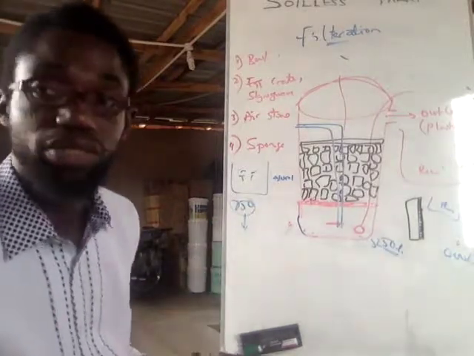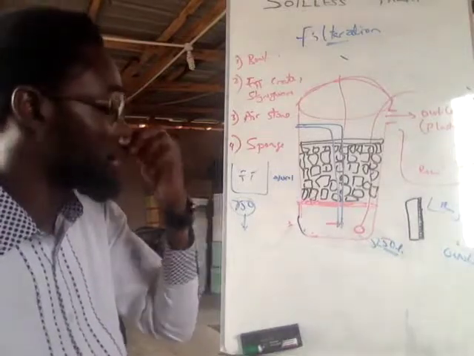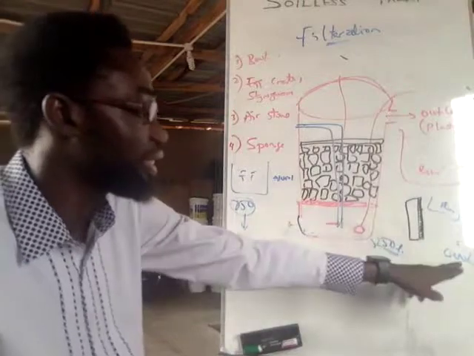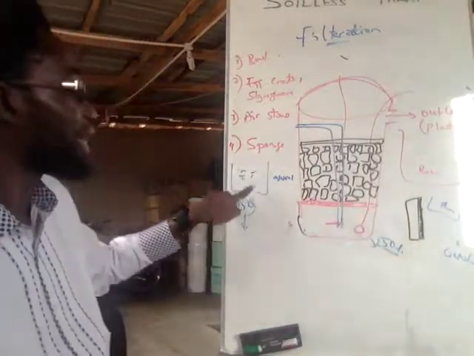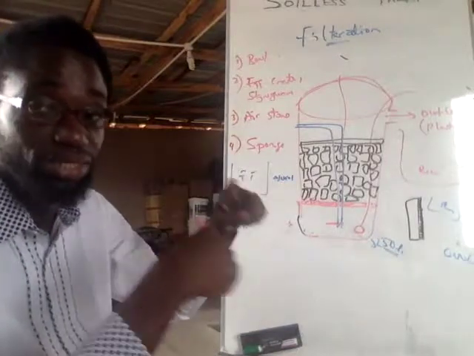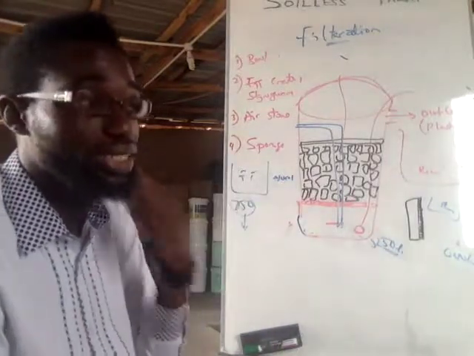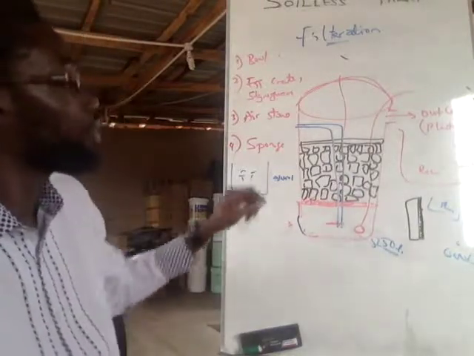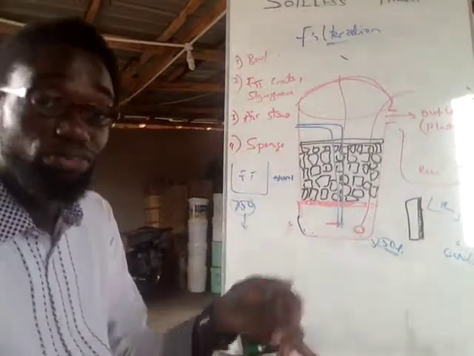Then somebody else might say, what if I want a system where the water is continually flowing? So even if I have 250 liters here and 600 liters here, I can fill this back to 1,000 liters because it is continually flowing like an NFT system. Theoretically that makes sense. The practical issue is there will be a time where maybe there is power failure.